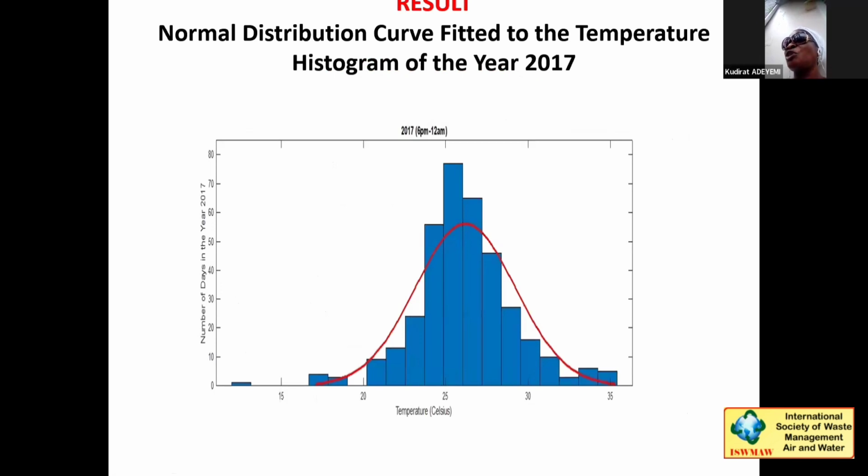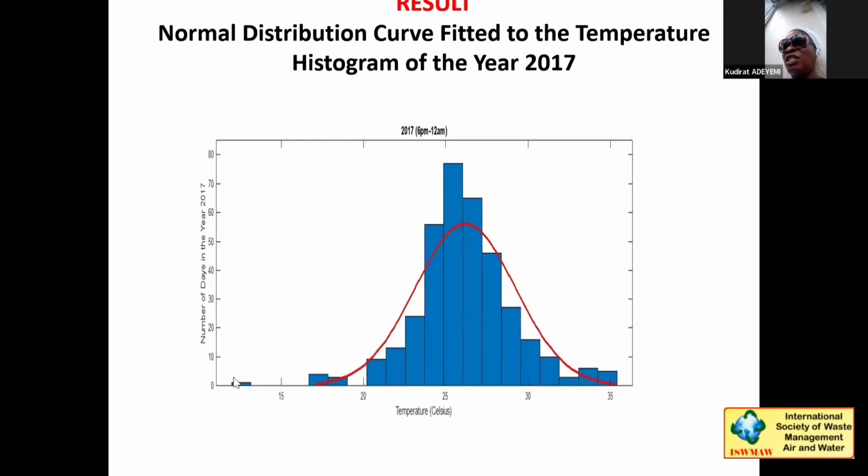Because we want to skew the temperature data for us to be able to acquire the knowledge of the diurnal cycle. And because we have used the normal distribution curve fitted into it, you can see that we have the outliers or the extreme temperatures also seen outside these curves for the 2 years. You can change it to the next slide.